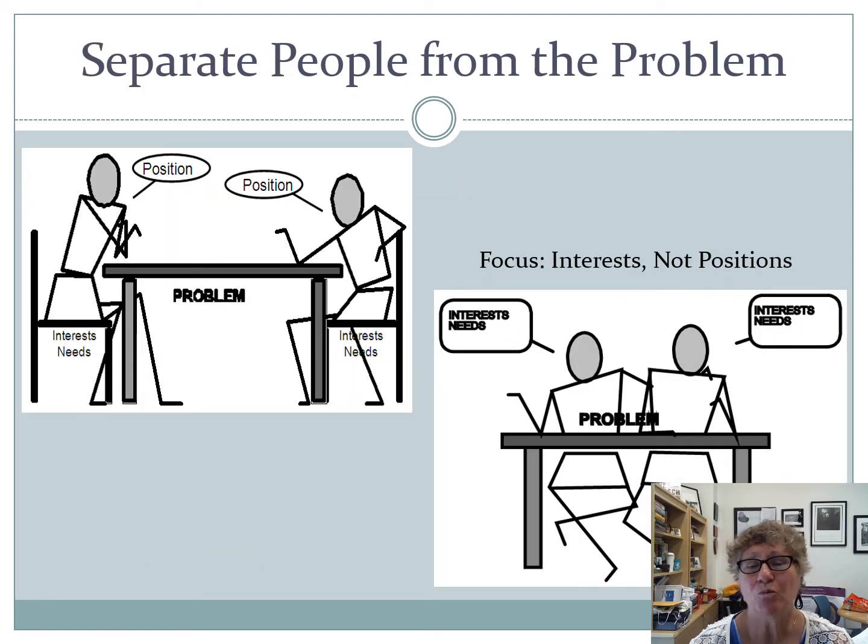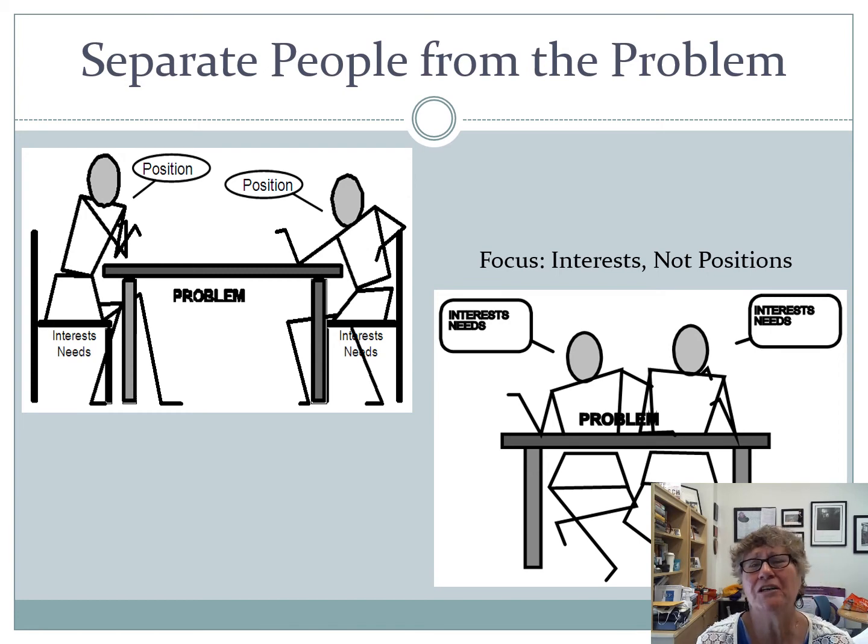Another thing that's really important is that we are able to separate people from the problems. This sounds so obvious, but it's not so easy when you get into real life and practice. You're not going to like everybody.